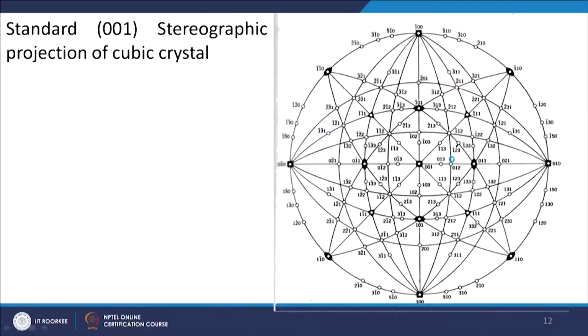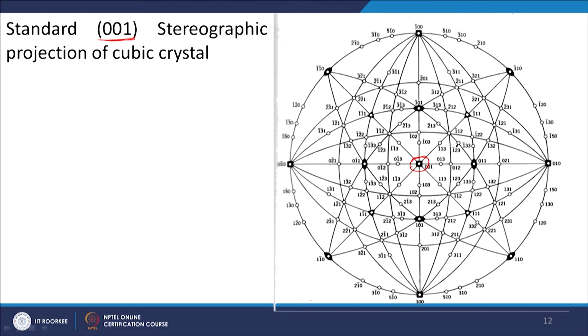What does it mean? For example, in this particular case, it is a standard 001 stereographic projection of a cubic crystal. When I say standard 001 stereographic projection, I am keeping the unit cell like this, at the center of the sphere.